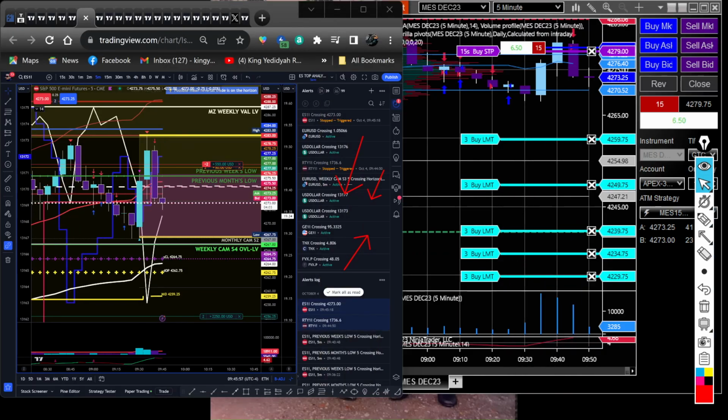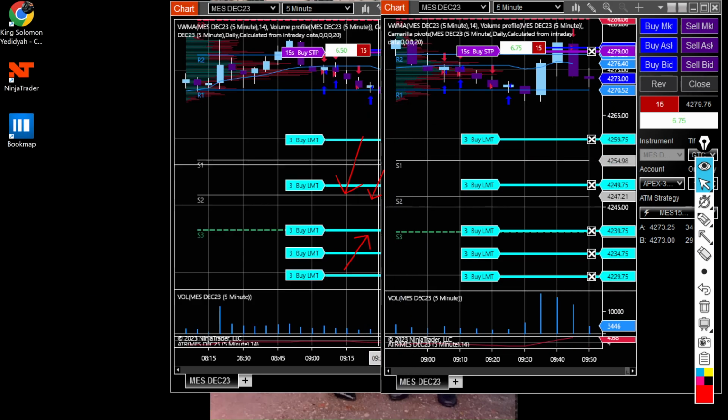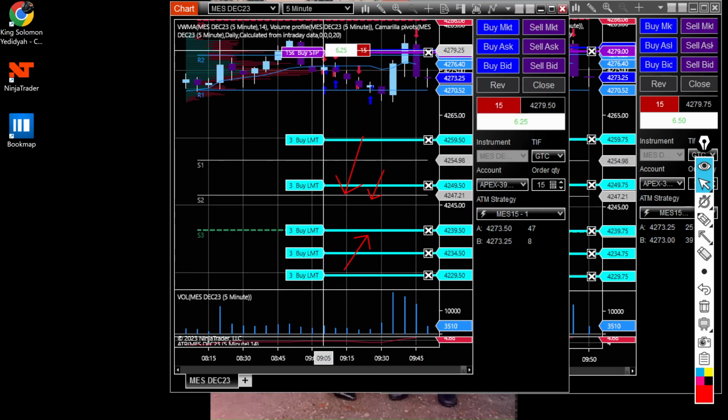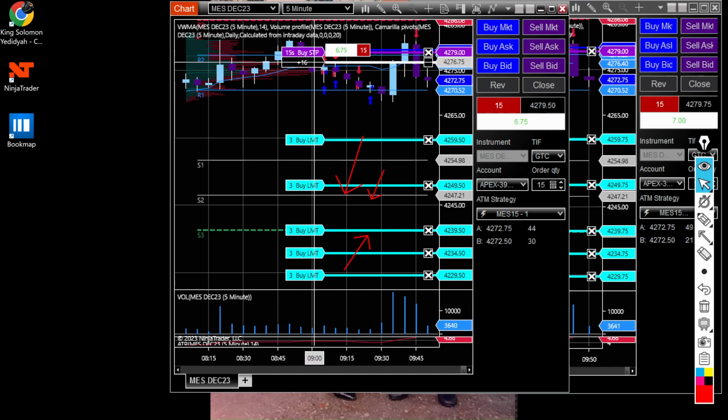Let me see if I can make some adjustments and secure some profits here. Let's see, we had 42.72. I'm gonna secure 42.76.75.